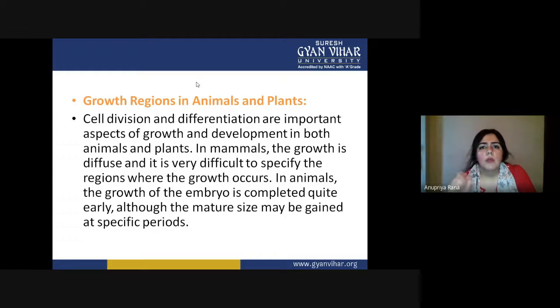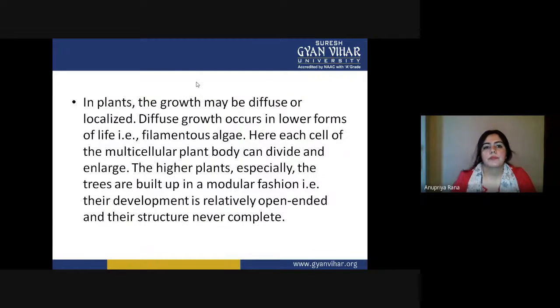Growth starts from the very first primitive division that takes place just after zygote formation. I personally think the growth region in animals and plants starts just after the zygote division.